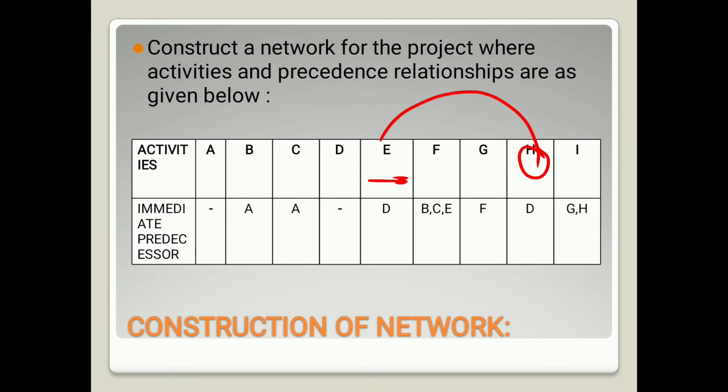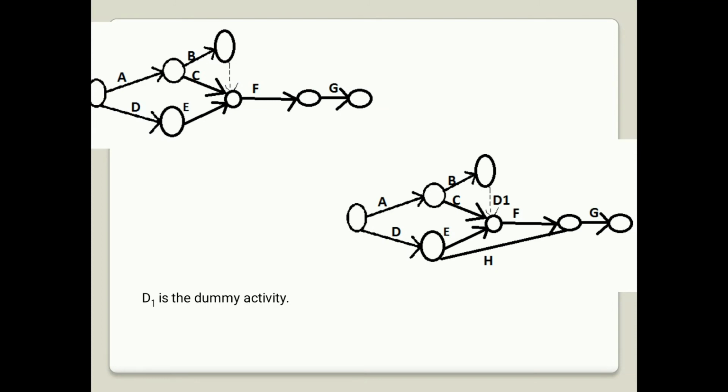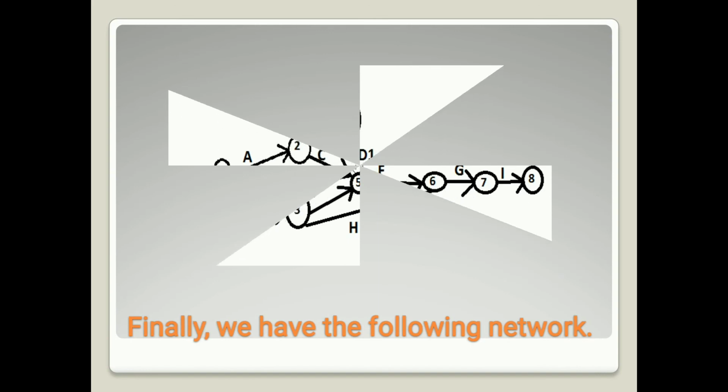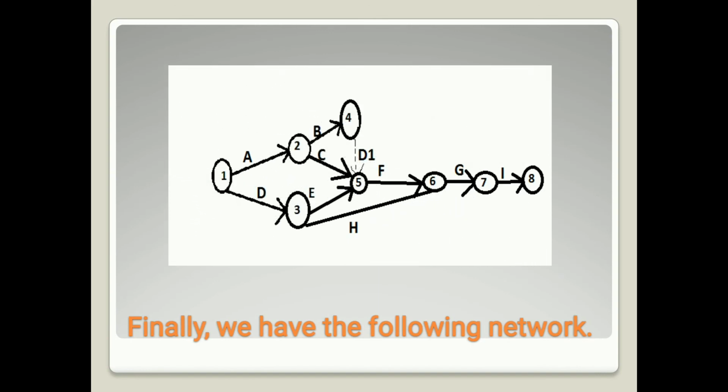Because D is the predecessor of E, and D is an activity before H, so the activity D is completed. So from the D activity we finally have this network, because I is coming from the G activity and H activity. So this is the final network diagram. Thank you so much.